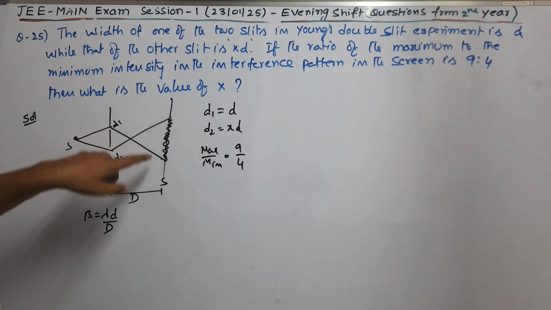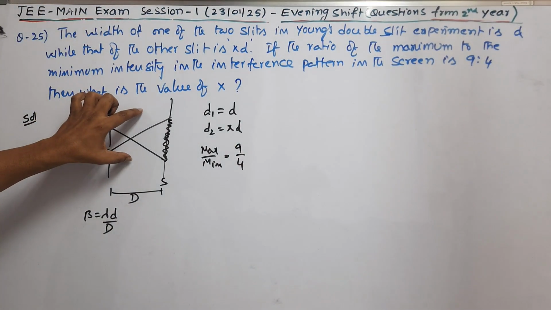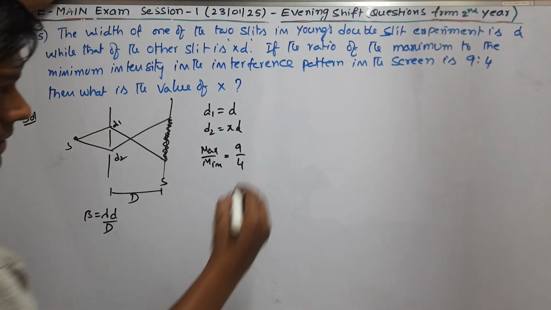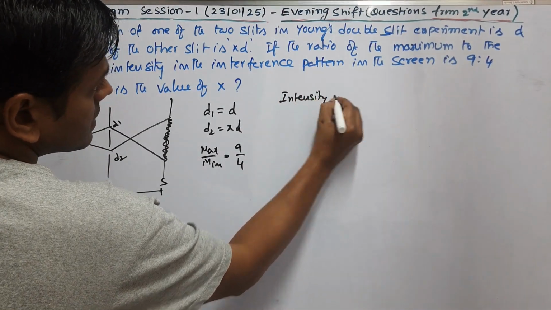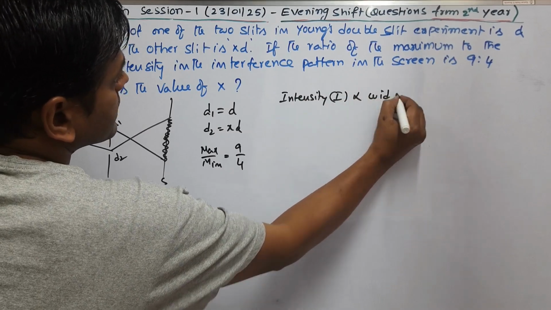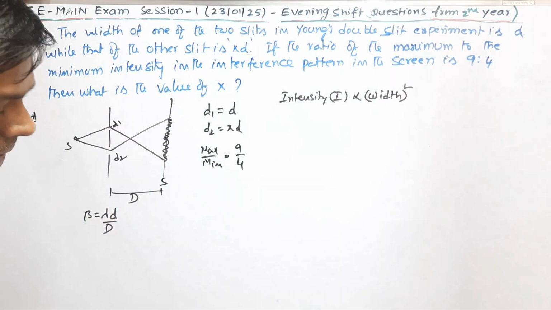Then the value of x is? From Young's double slit experiment, due to interference of two light waves, the intensity I is always directly proportional to the width of the slit squared.